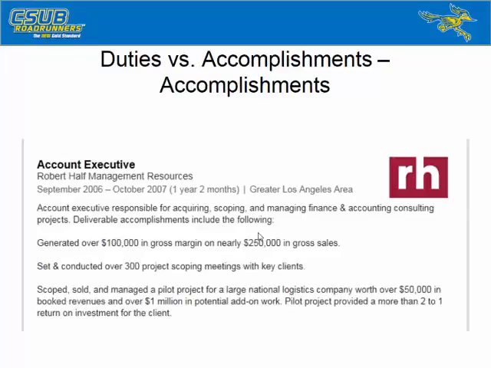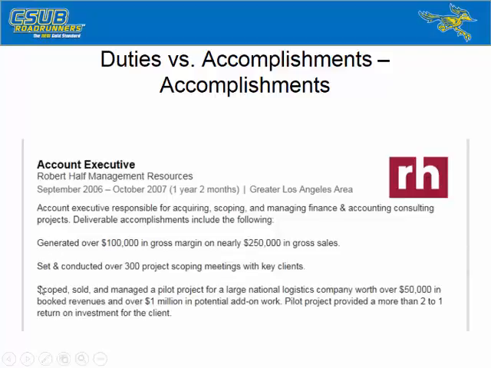This is an example of one of my descriptions for the work that I did as a headhunter a while back. Just one sentence describing the duties. So, account executive responsible for acquiring, scoping, and managing consulting projects, period. Deliverable accomplishments include the following.